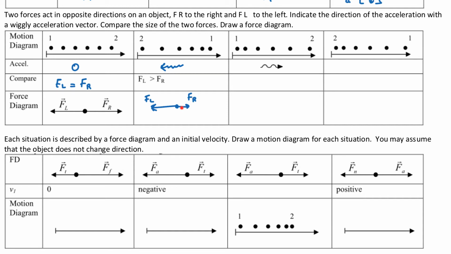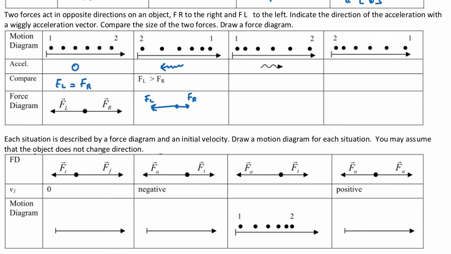This just means the magnitude of Fr, and this is the magnitude of the force in the left direction. This object is starting at position 1 and going to 2, and its acceleration is in this direction. Since motion is also in this direction, it means that it's speeding up, and we can see that it's speeding up since the spacing is getting bigger and bigger.